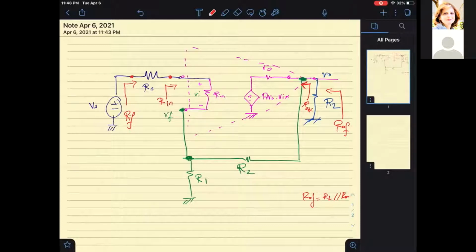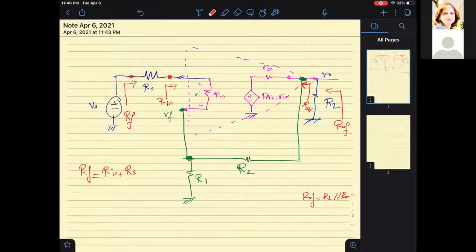Okay, so Rn is still beyond Rs, RIF is before Rs, and we know that the relation is that RIF is equal to Rn plus Rs.